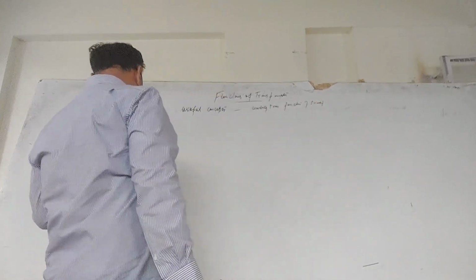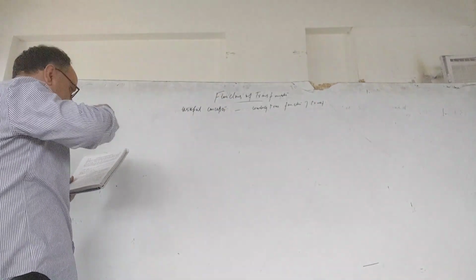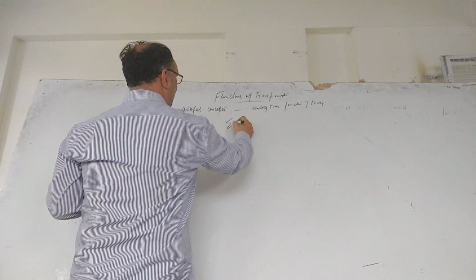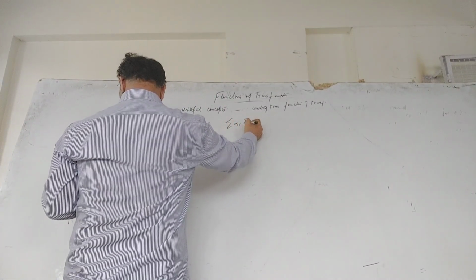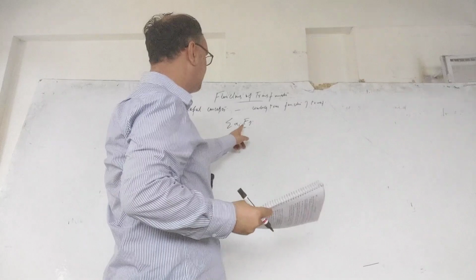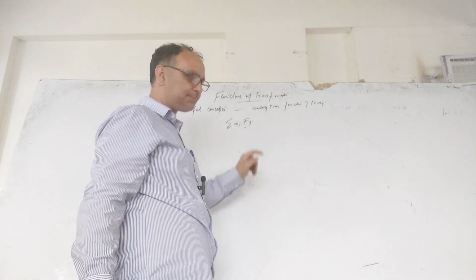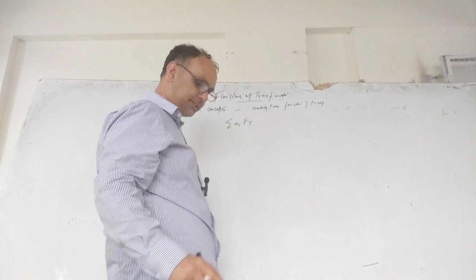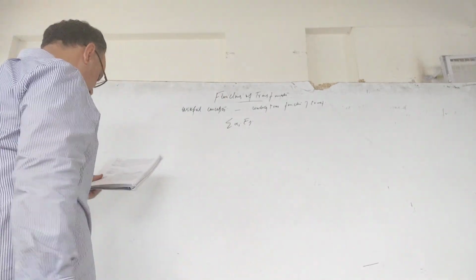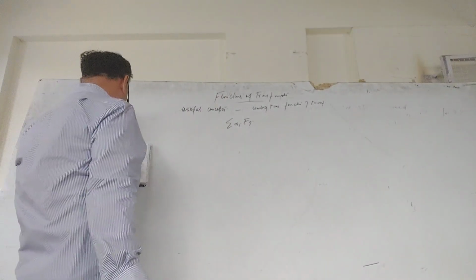So if A is a normal transformation, its spectral form is the sum of alpha j Ej, and the Ej we have discussed in the previous class. They are projections, orthogonal projections in that sense.